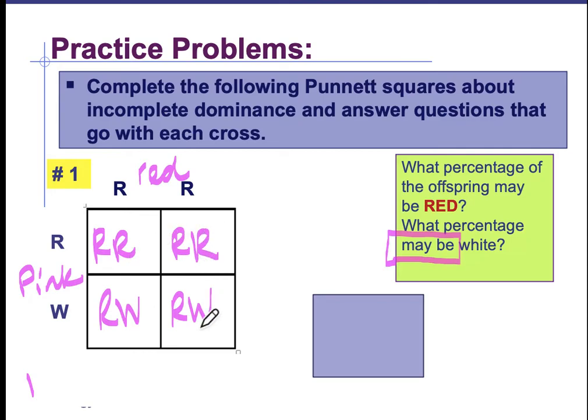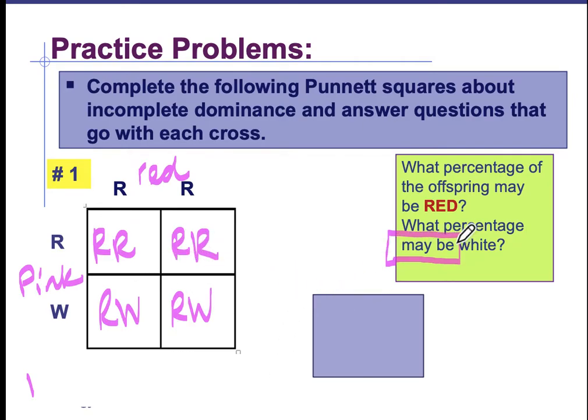If these 4 boxes each had a different combination in them, then we would say there was a 25% chance they would be red, a 25% chance they'd be white, a 25% chance they'd be pink. Did I say they were white before? I meant pink. So you know that each box is worth 25%, and then obviously if they're the same, you add those percentages.